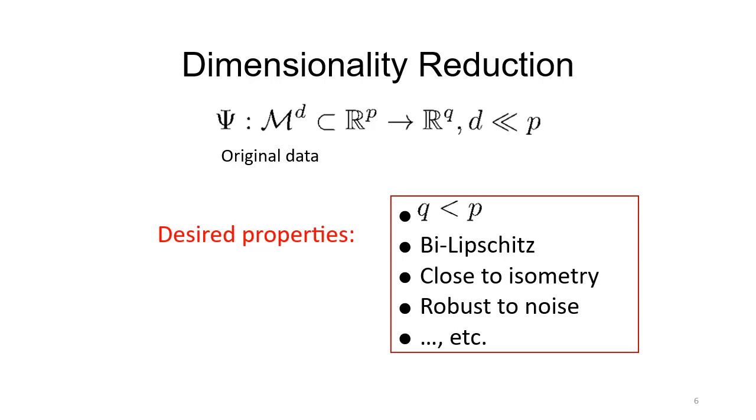And even better, I want this map to be close to an isometry. An isometry is a map that preserves distance. So that means not only do the distances not get distorted too much, it would be even better if they're actually close. And I would also want this map to be robust to noise. In real life, oftentimes the data you collect contains noise. So I want the map to be robust to noise.